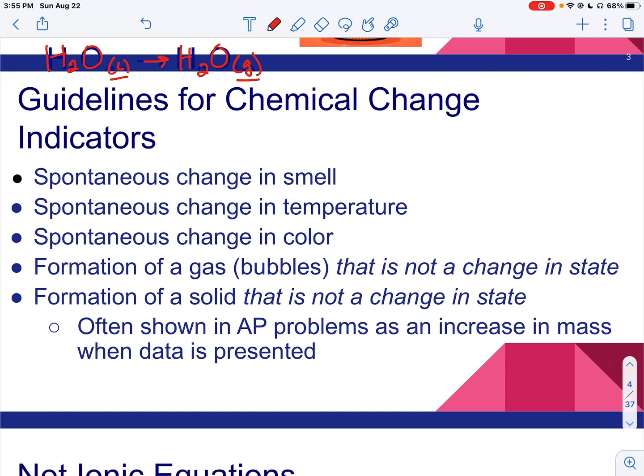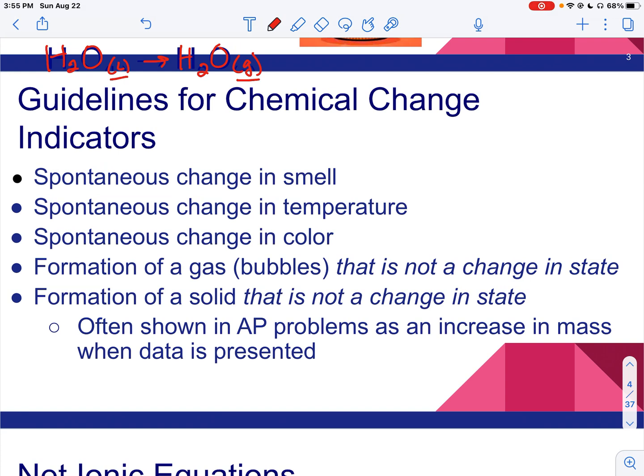So it will say something like, we heated this up, and then after we heated it up, the mass increased. So people will say physical because we just heated it up. We didn't react it with anything. Don't forget about air. Air has a lot of stuff in it. There's O2, there's N2, there's tons of stuff floating around in there, CO2, all kinds of stuff that something can react with.